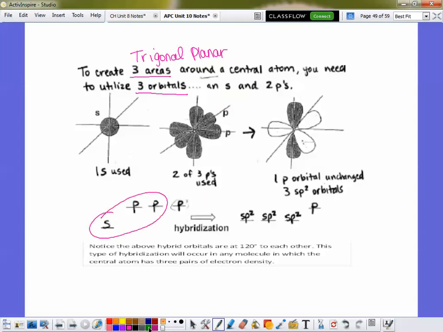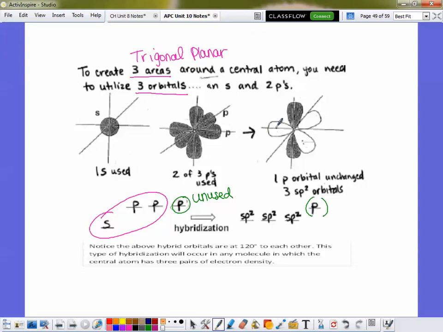This other p orbital that we're not going to use is going to be unused. It's still there though. It doesn't disappear. It's just unused. Only the s and the 2 p's get mixed together, and they make 3 sp2 hybridized orbitals, and again we have this one leftover p orbital that was unchanged. It didn't get mixed together.